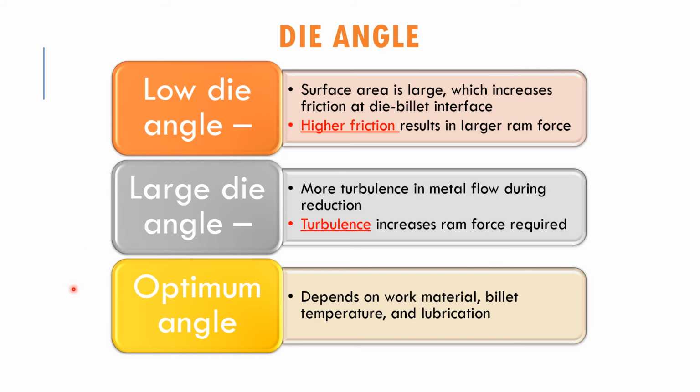The most important thing is to find the optimum range of angle so that the product can flow smoothly coming out from the die opening. This depends on the work material, the billet temperature, and also the lubrication of the process.